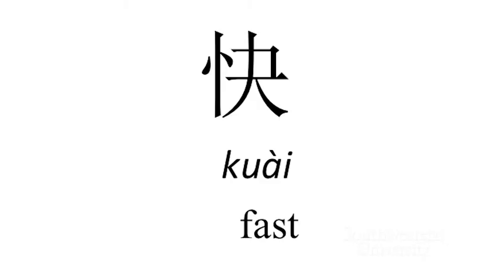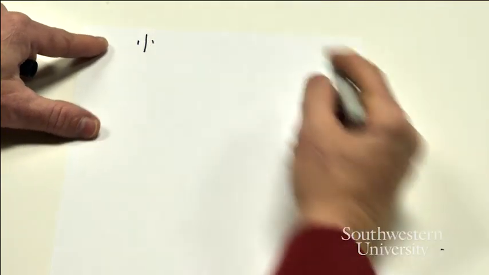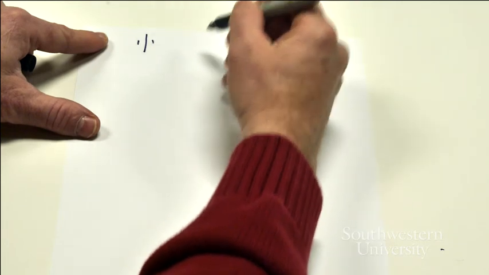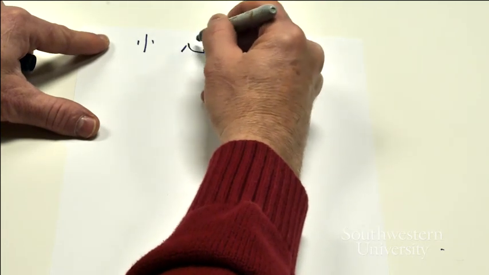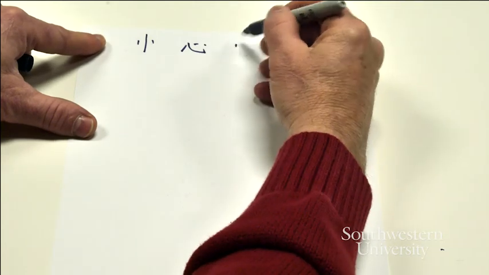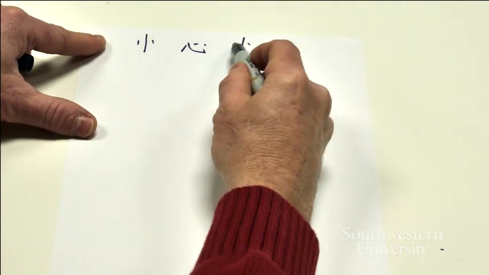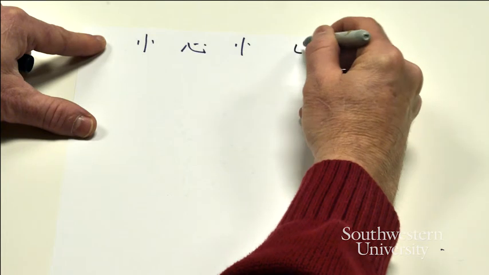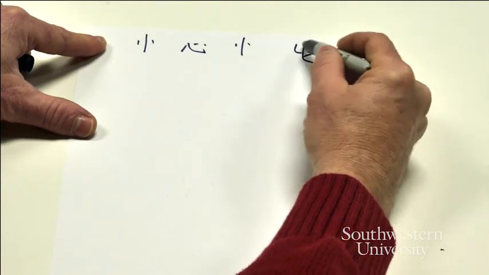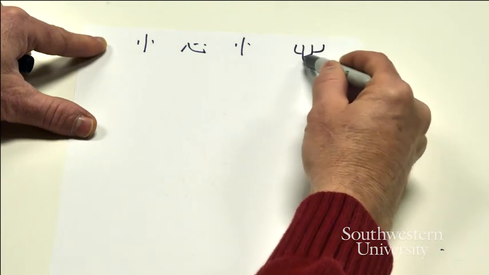Kuai. Here's a radical we don't see very often, the xinzipang, the heart component raised to the side. So we have the bits of the heart, and the ancient form showed the compartments of the heart with the aorta coming out.